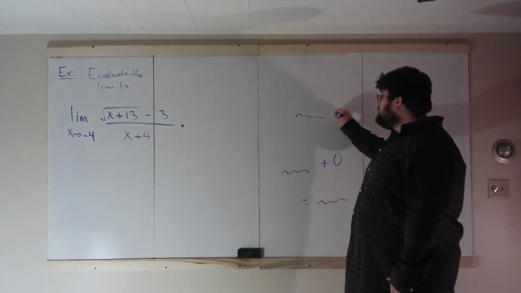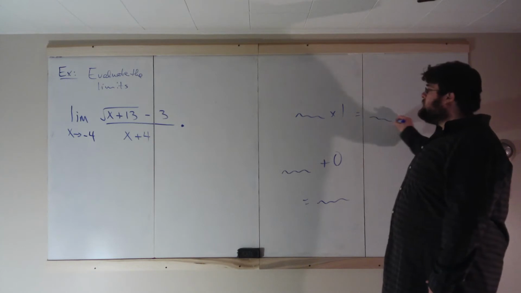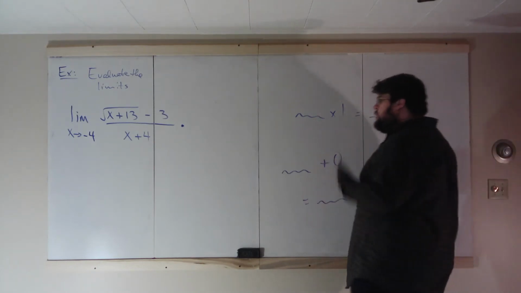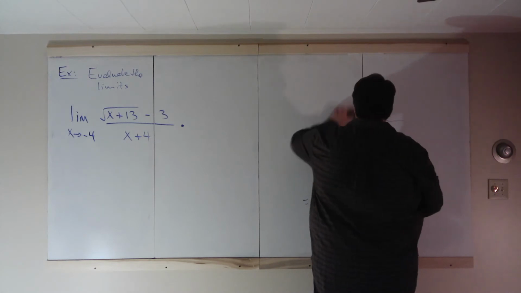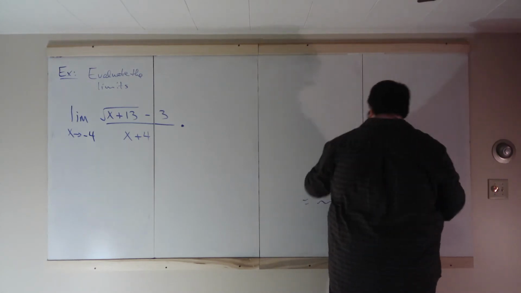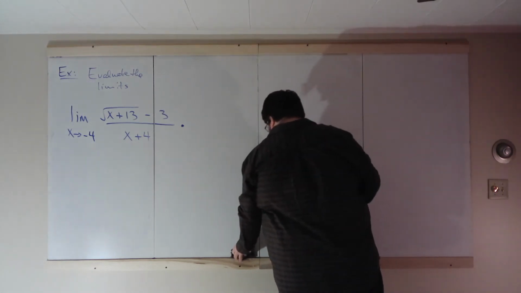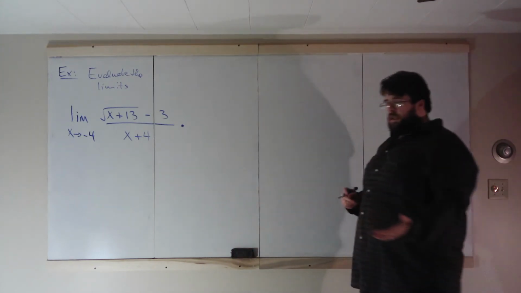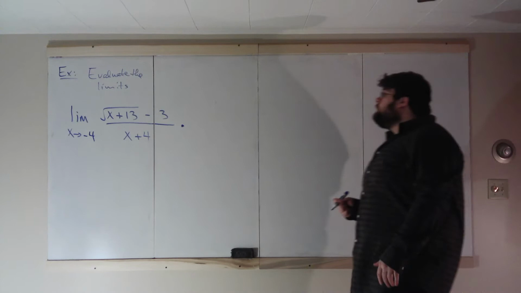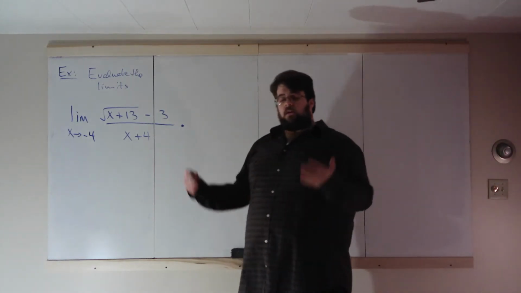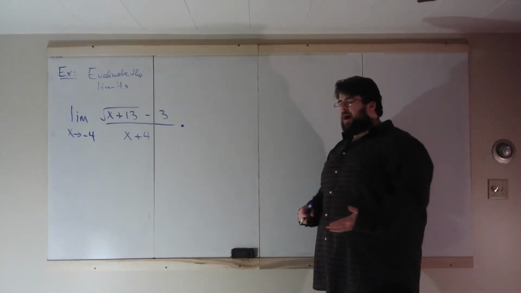Something times 1 is the same as that thing. So if we want to leave an expression unchanged, we can either add a 0 or multiply by a 1. When completing the square, we saw how it could be convenient to add a 0. Here, we're going to see how it can be convenient to multiply by 1.